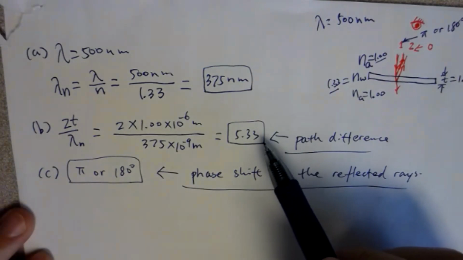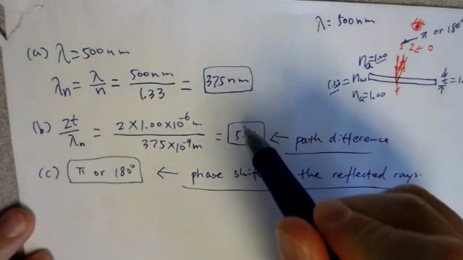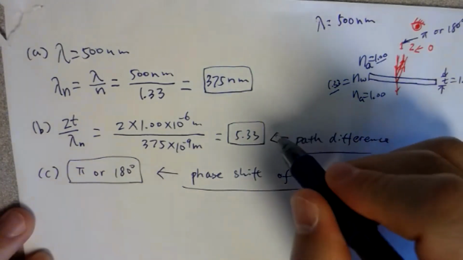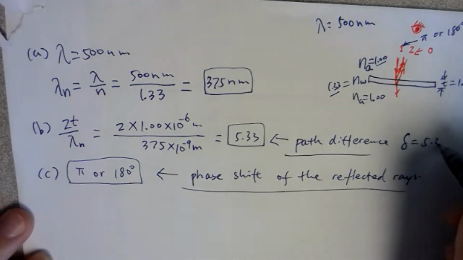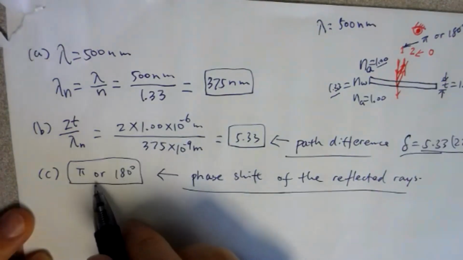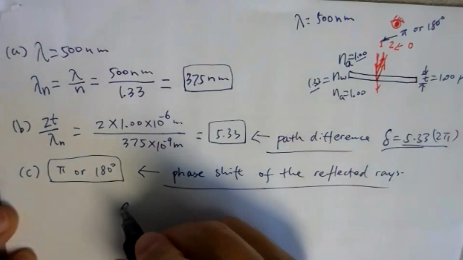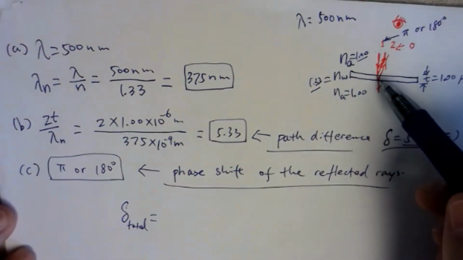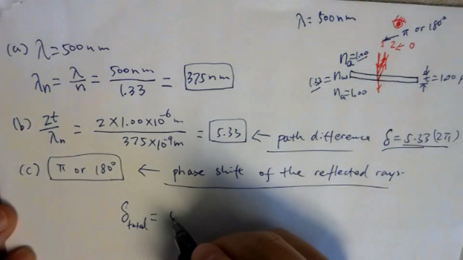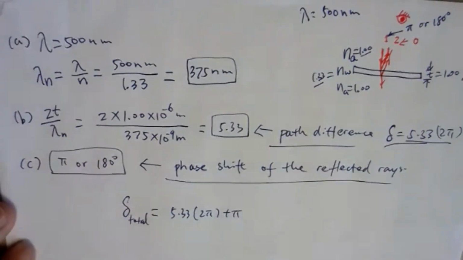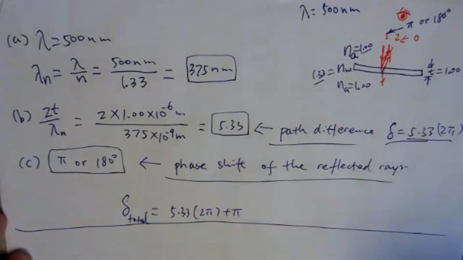For the path difference, translated to the phase shift delta, it's 5.33 times 2 pi. And then the phase shift one is added to that, so the total phase difference delta due to the path difference and the phase shift is 5.33 times 2 pi plus pi. That will be the total phase difference. So that's the foundation for the main topics of today.